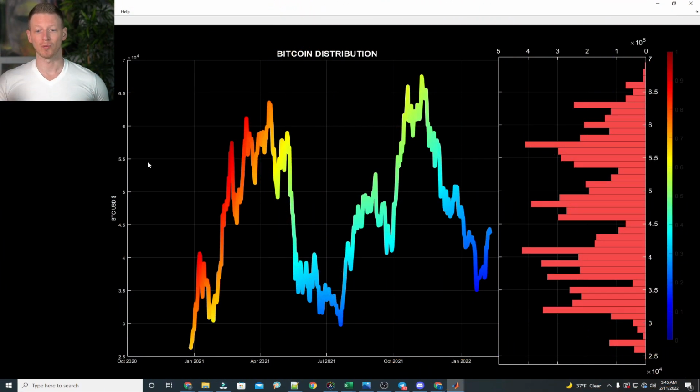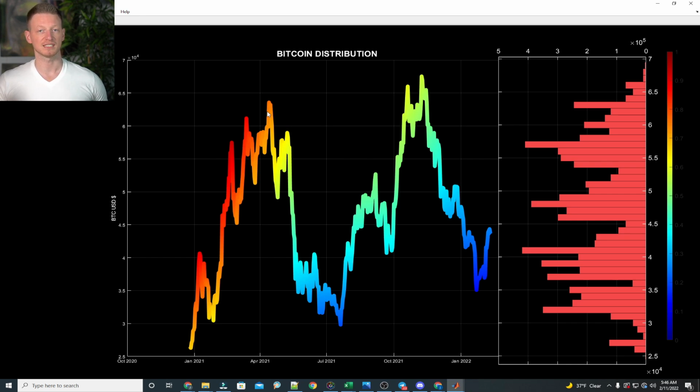Okay, guys, so what we have here is simply the price of Bitcoin since January of 2021 until the current time. You'll notice that the price is color-coded. This is simply the DCA index risk model, whatever risk level it was at the time.